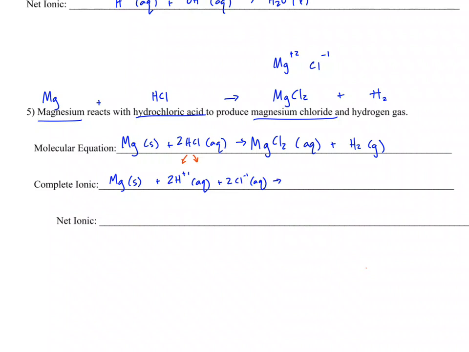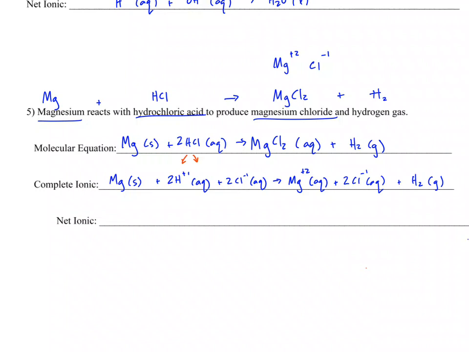On the right, magnesium chloride: now magnesium is going to dissociate into an ion. And the 2 chlorines are going to dissociate into 2 Cl-1. That's aqueous. And then hydrogen gas is just H2 as a gas, so it's not going to dissociate either.